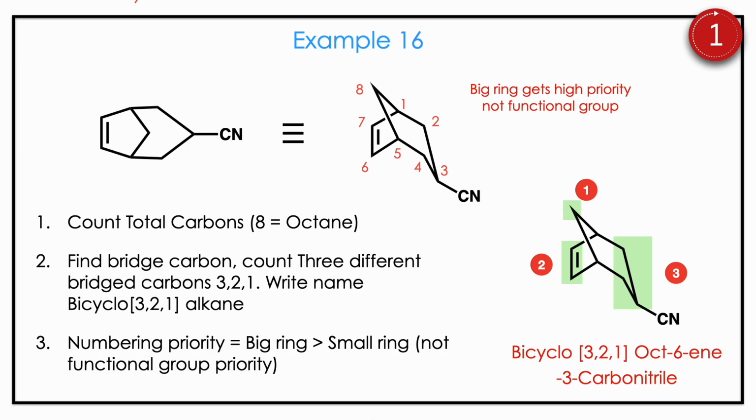So if you look at it, 3 will come for cyanide, 6 will come for alkene, and you have a bicyclo system with 3 carbon on one side, 2 carbon on another side, and 1 carbon on the bridge. So 3,2,1 system. Here obviously big rings get priority. So the name will be bicyclo 3,2,1 oct-6-ene-3-carbonitrile.